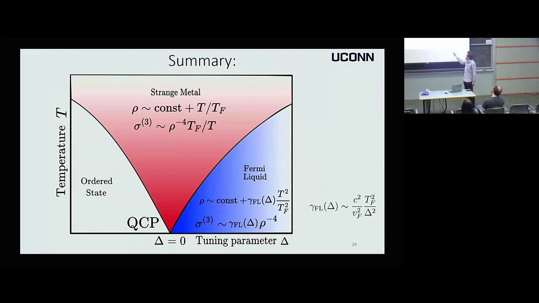But in reality, it's not going to blow up to infinity. Instead, this coefficient becomes 1/T, which leads to linear T resistivity. A very similar thing happens to nonlinear conductivity, but nonlinear conductivity in the Fermi liquid goes as a constant at low temperature, which means that the same factor gives you 1/T in a strange metal.